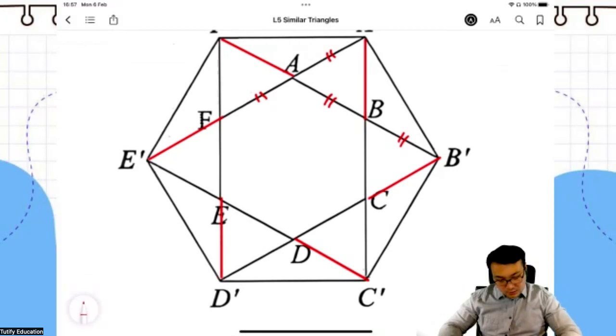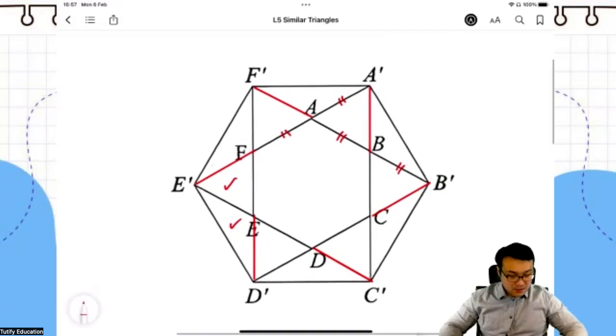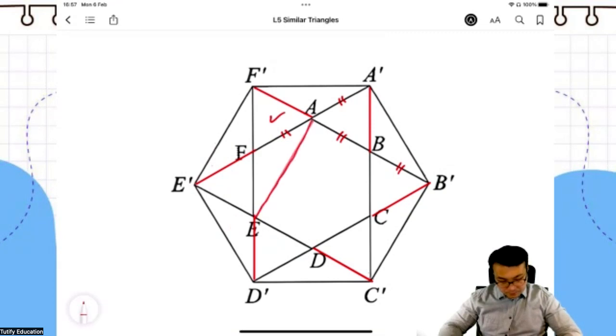Now, even if you compare this and this, they have also the same height and the same base, and therefore they have the same area. This has also the same base and the same height, and therefore the same area. Now, what else can I do? Let's take a look at this triangle compared with this triangle. Same base, same height, same area.